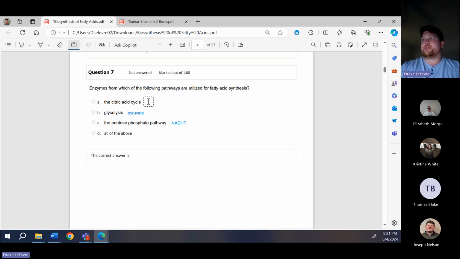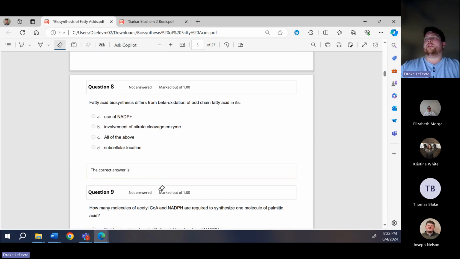And then same thing with the citric acid cycle, converting things into acetyl-CoA inside of that mitochondria, all that kind of stuff, getting it out of there. Citric acid cycle, so our answer is all of the above.